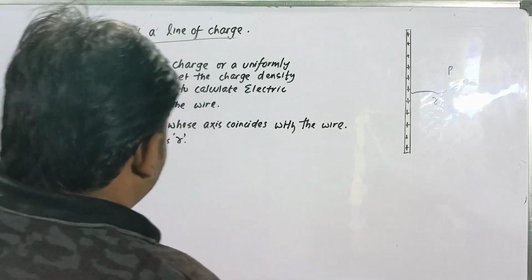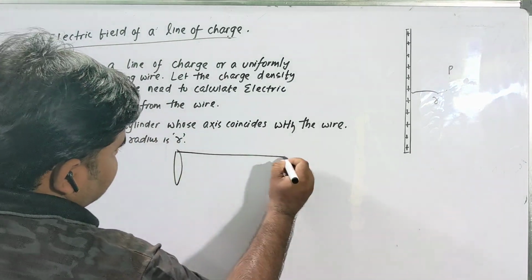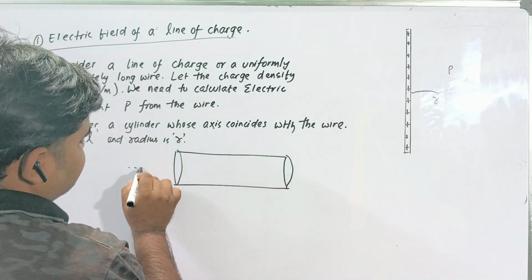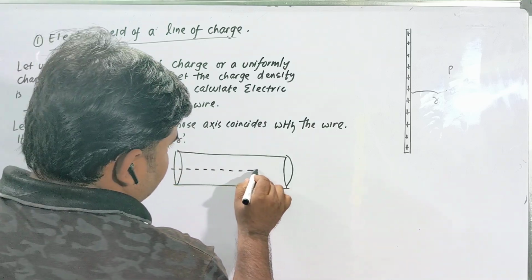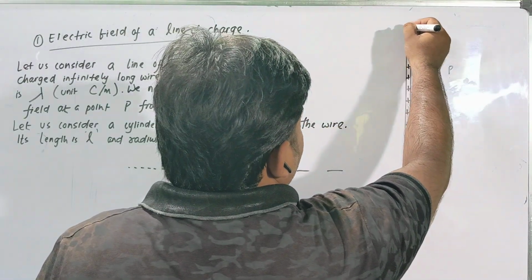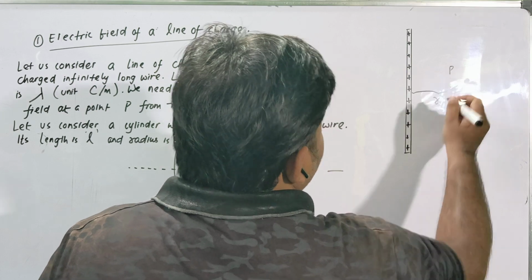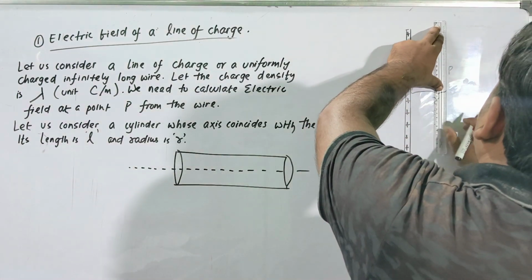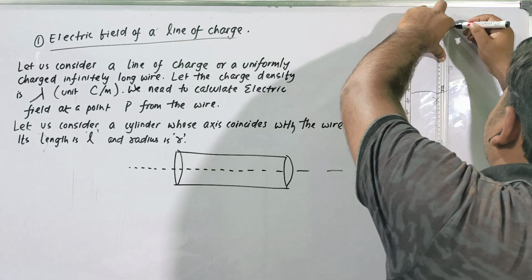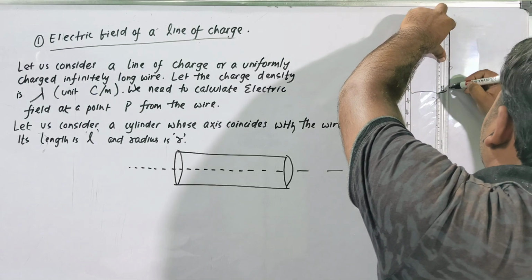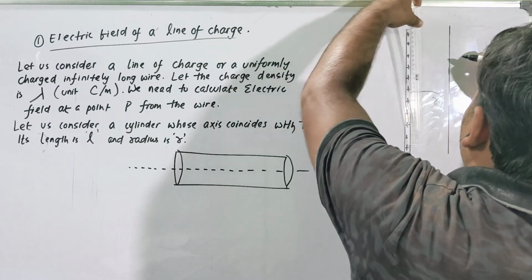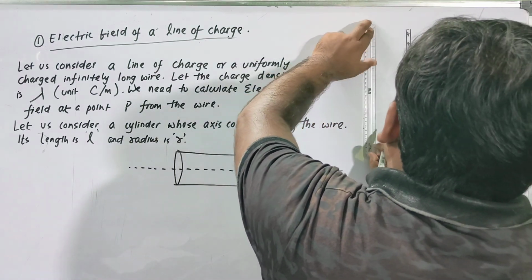You know what a cylinder looks like, and what is its axis? This is its axis. And in this case, this is my cylinder, and since this is R, we can draw the cylinder right from here. Let's forget P for now.